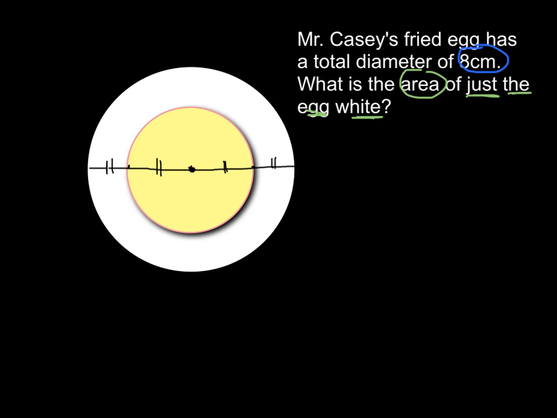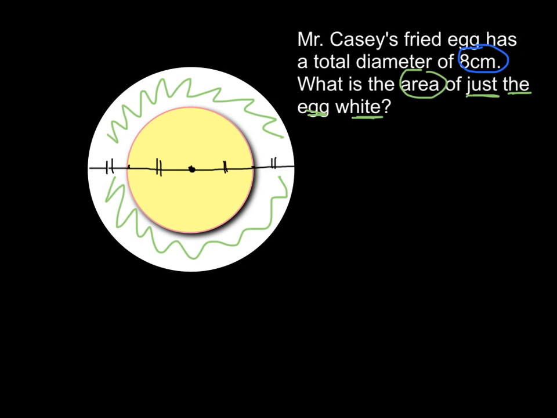So if I want to find just the egg white, I will just shade in. It's going to be all of this area in here. So how you might do it, you might ask. Well, we got to work backwards somehow in order to find that area. So if we look at our diagram, we can see that I have a line across the middle drawn through the center. And we know straight away a line through the middle drawn through the center is going to be our diameter.